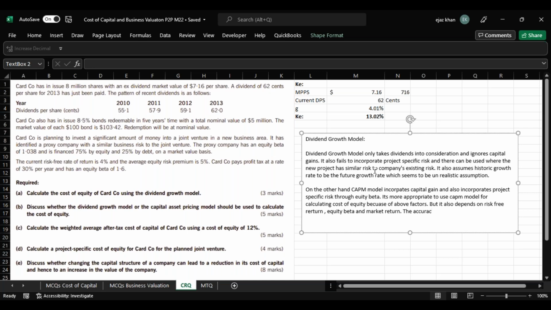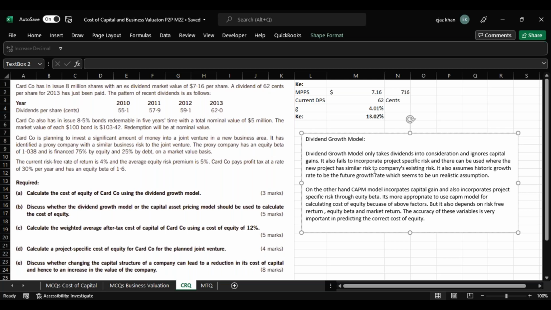The accuracy of these variables is very important in predicting the correct cost of equity.